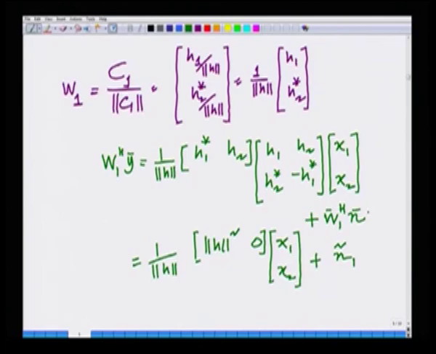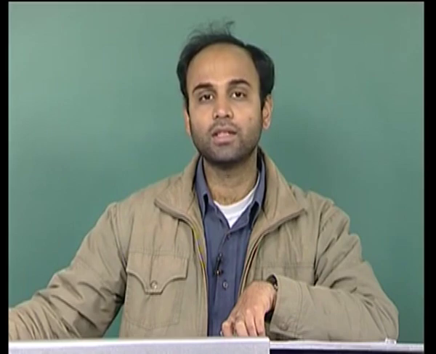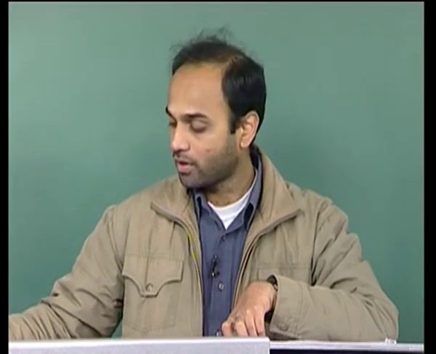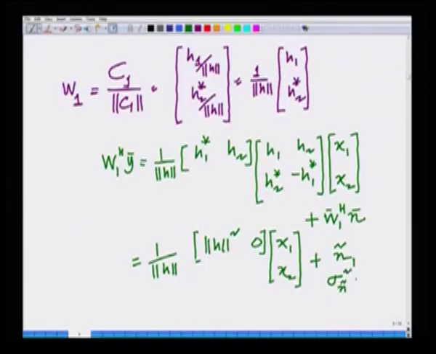Since W1 is a unit vector, you can ensure that the noise variance is preserved. The noise variance is nothing but sigma n square. You can verify that sigma n tilde square is sigma n square. Okay. This we have done several times before.